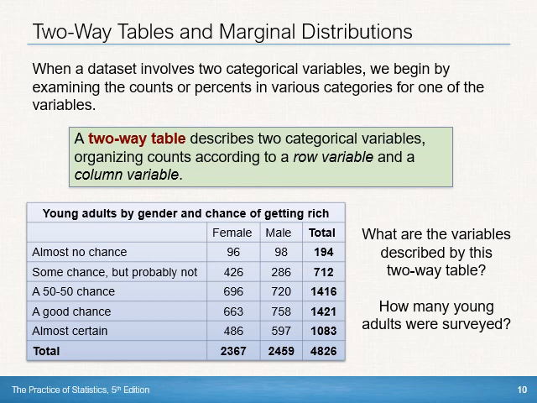These are the 5 possible values for the variable, how likely are you to be rich when you get older? That's the one categorical variable. The other one is, are you male or are you female?